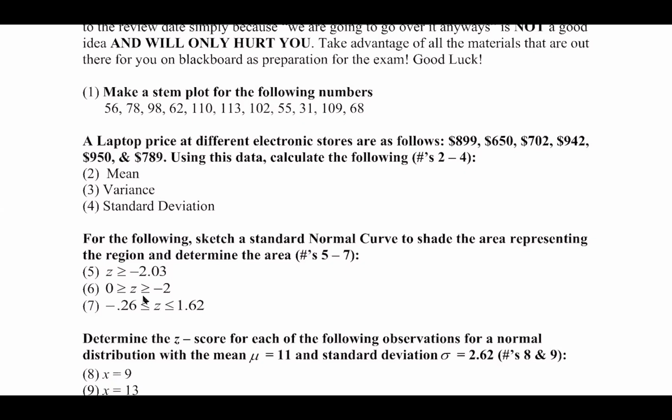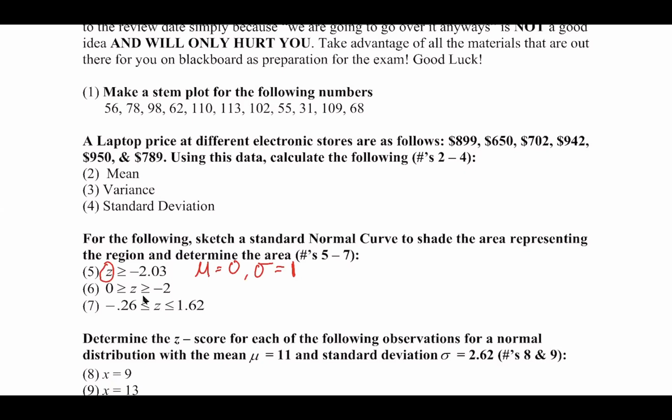Anytime a z value is given to you, that means mu is automatically equal to 0 and sigma is automatically equal to 1. So as soon as you see that you're finding the probability of a z value, the first thing that should pop into your mind is that mu is equal to 0, sigma is equal to 1.